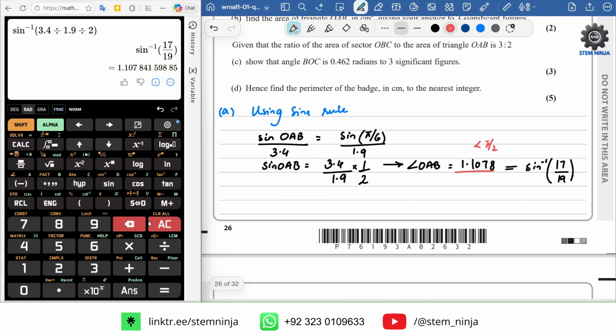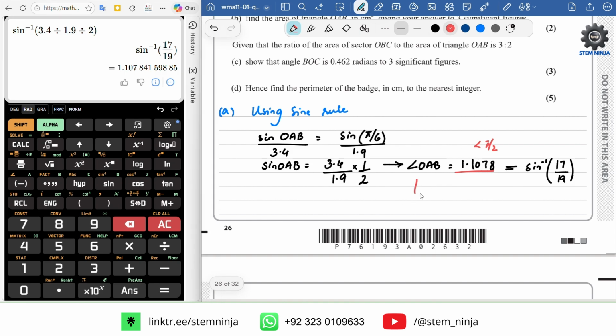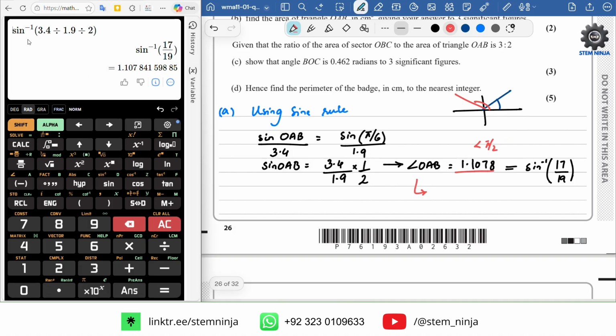Since we need the angle greater than pi by 2, how do we do that? If this is an acute angle and we need an angle greater than that, we simply do pi minus this answer. So pi minus this.